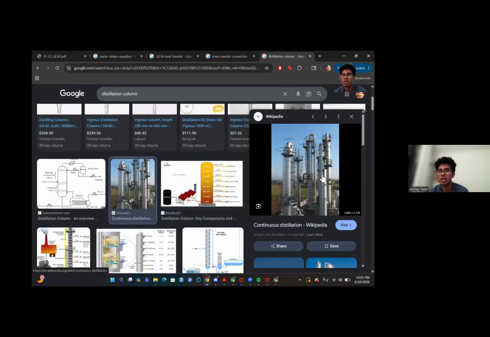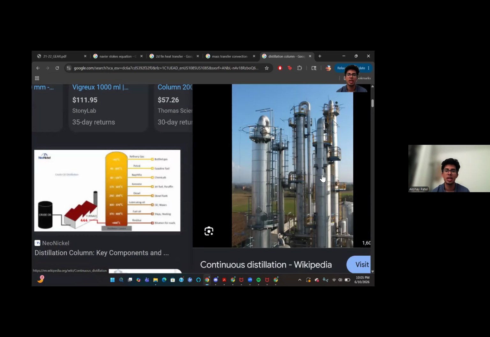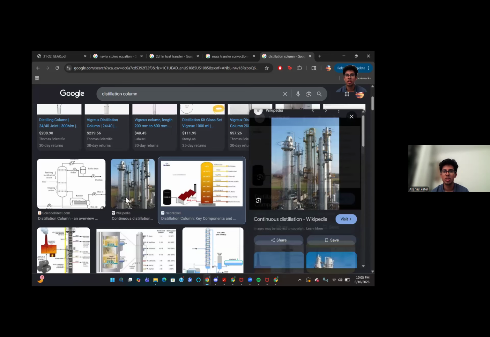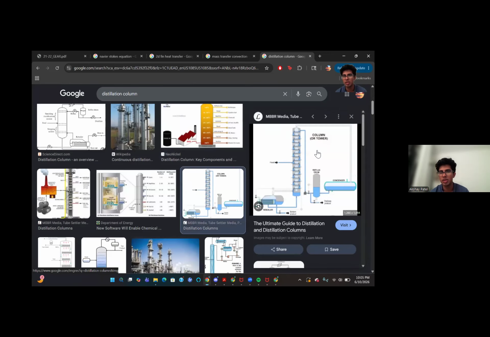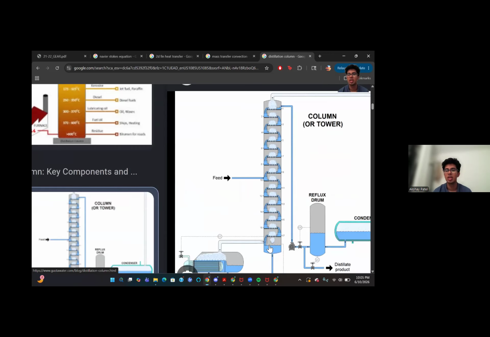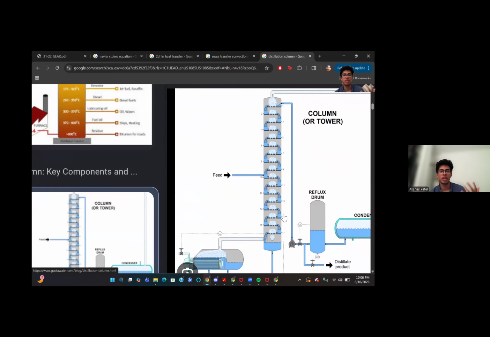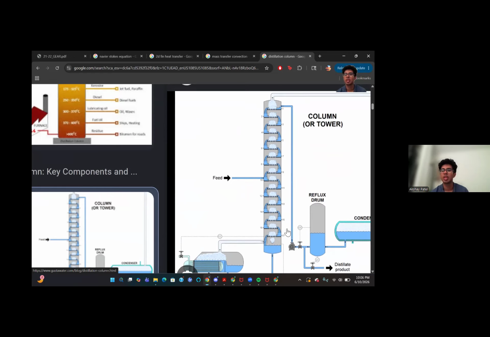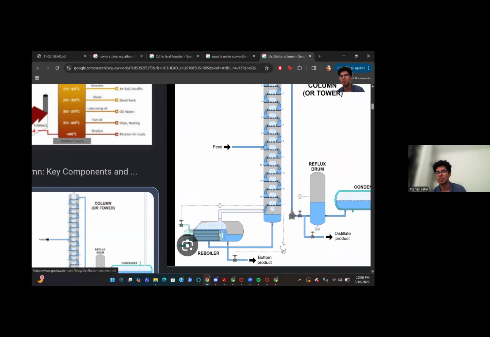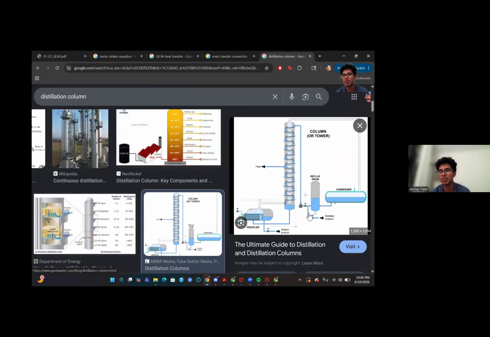You want to figure out how to separate out what's in between in this distillation column. The point of a distillation column is to separate out the components at certain purities, and the whole point of the separation class is to model with equations how you can get like a 99% purity up here and maybe like a 98% purity down here and stuff like that.